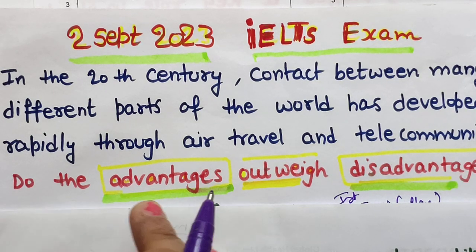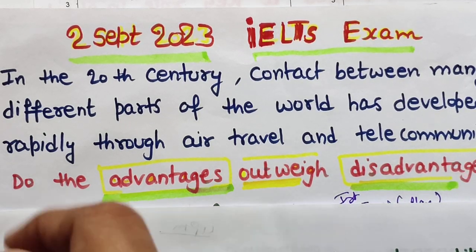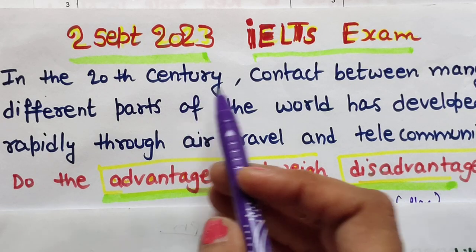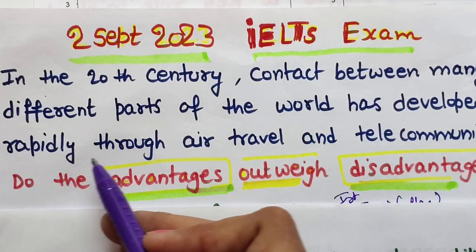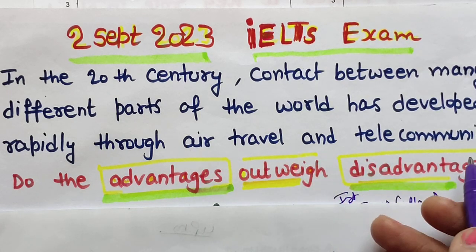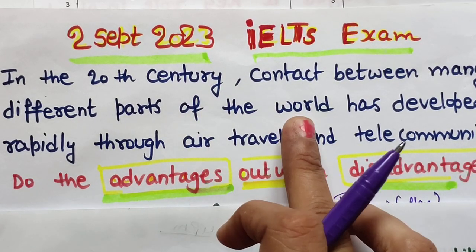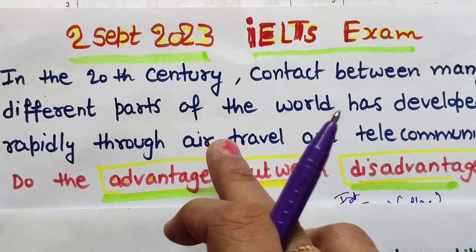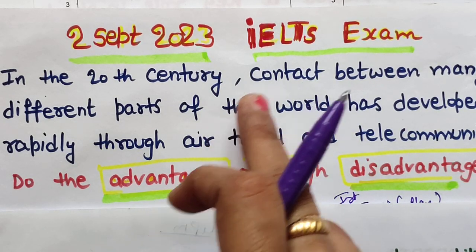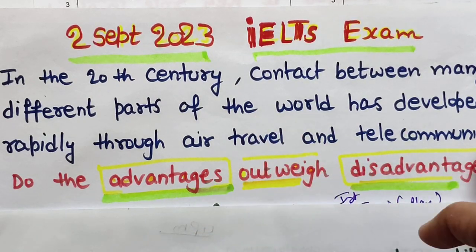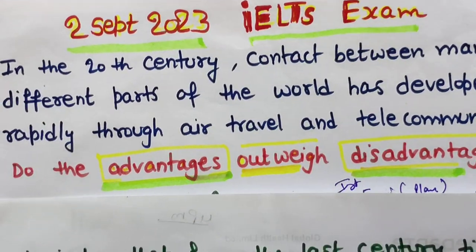Now again we will read the question statement for the introduction. Okay, so in the 20th century, contact between many different parts of the world has developed rapidly through air travel and telecommunications. So first you can write any background statement or general statement about the main topic, or you can directly come to the paraphrasing.